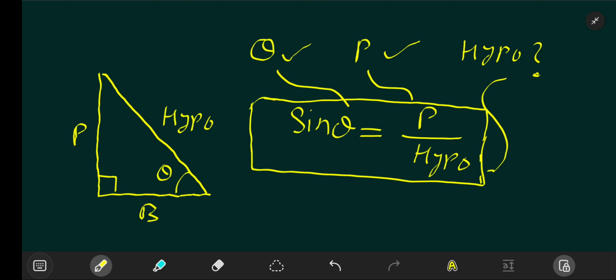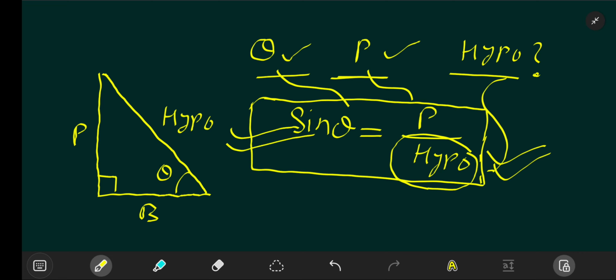If theta and the perpendicular side are given and the hypotenuse is not given, we can easily find the hypotenuse by selecting this trigonometric function.